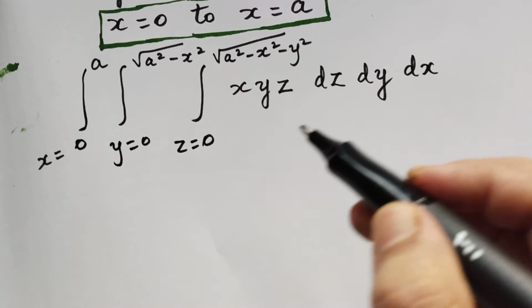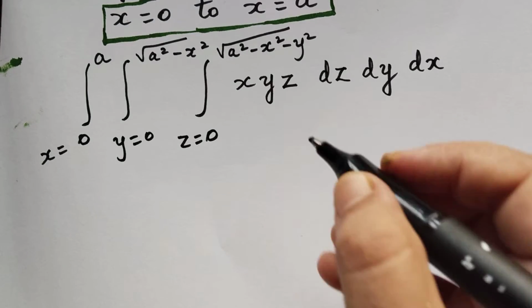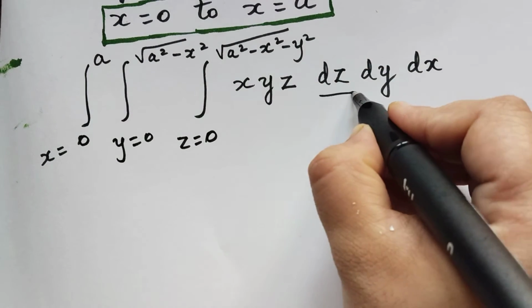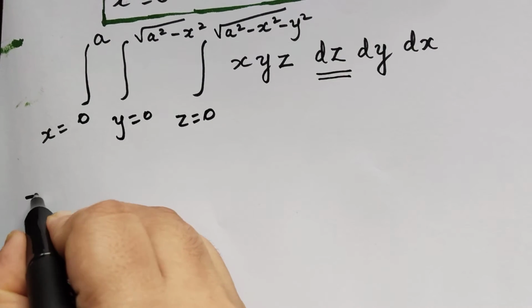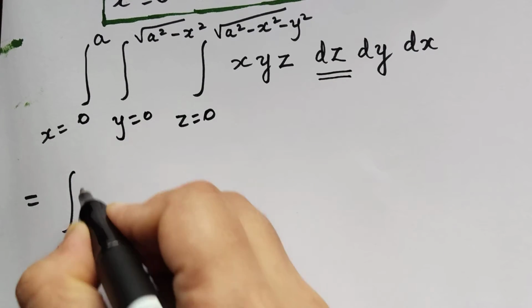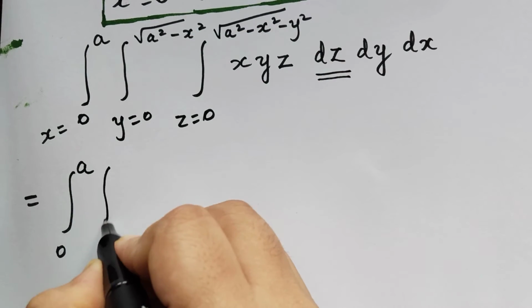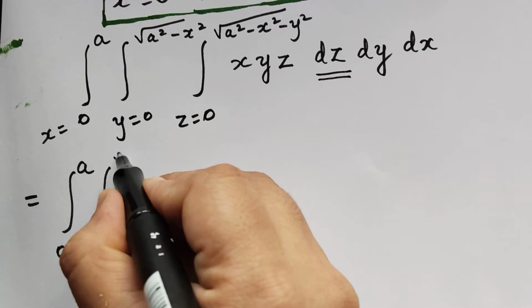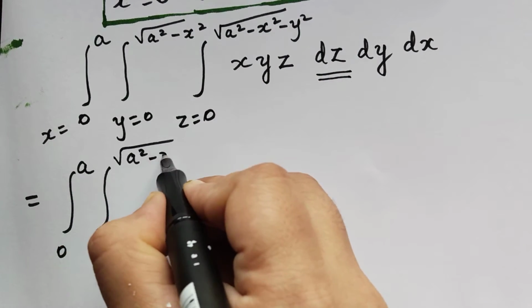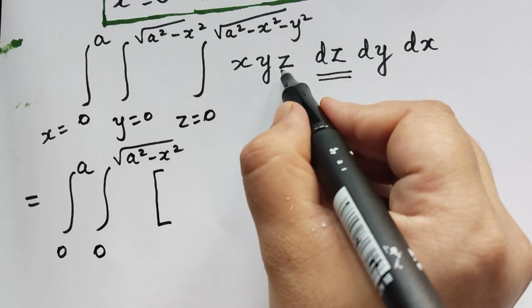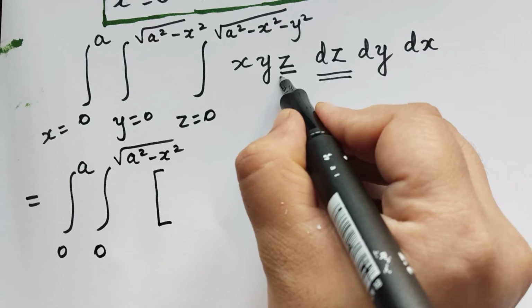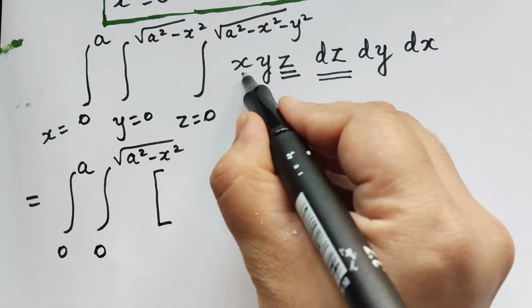Now let us start to integrate this. As per the order of integration, first we have to integrate with respect to z. The limits 0 to a and 0 to square root of a square minus x square remain as they are, and then we integrate z alone, that is, xy will be treated as constants.